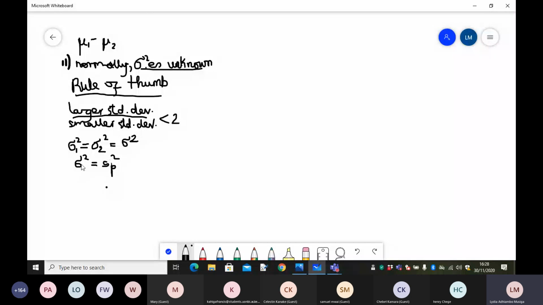To get this variance, which we are saying is equal to sigma 2 squared, which is equal to sigma 1 squared, we need to calculate it from the sample data. And so what we get is the pooled sample variance, whose formula is given by the square root of... I made a mistake somewhere here, sorry.